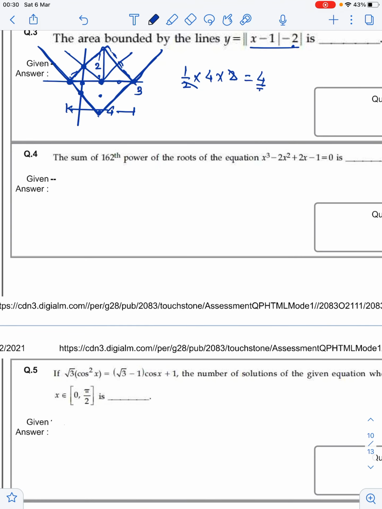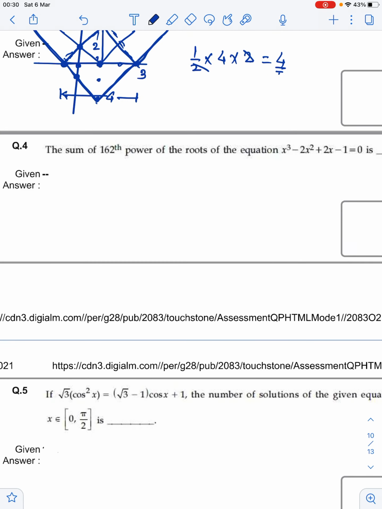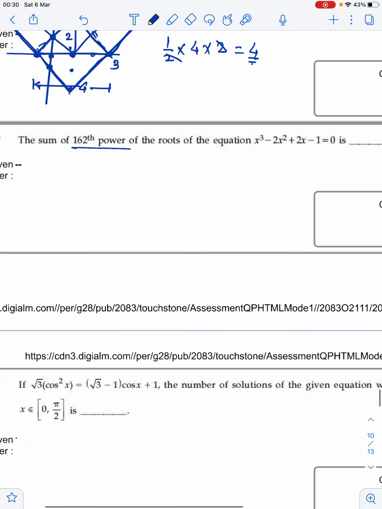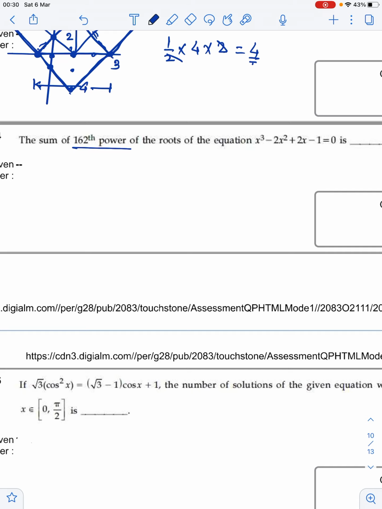Question number 4, based on quadratic and sort of complex numbers: the sum of the 162nd power of the roots of this equation. That means suppose the roots are alpha, beta and gamma, so they are asking alpha to the power 162, beta to the power 162, and gamma to the power 162.